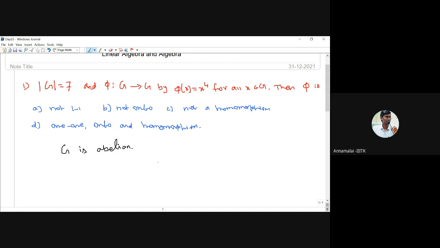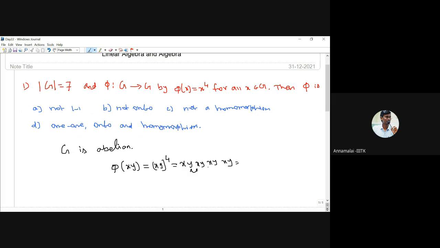So first you have to check whether this is a homomorphism or not. Therefore, you have to check whether pi of xy equals pi of x into pi of y. By the definition, pi of xy is nothing but (xy) power 4, that is, you have to multiply xy 4 times. Since the group is abelian, we can interchange x and y, therefore we get x square.